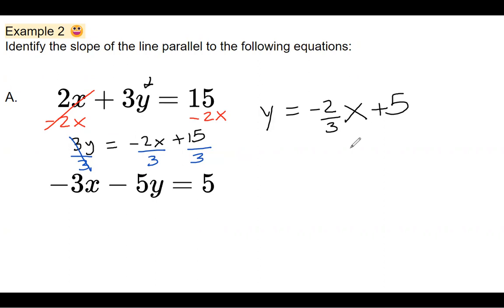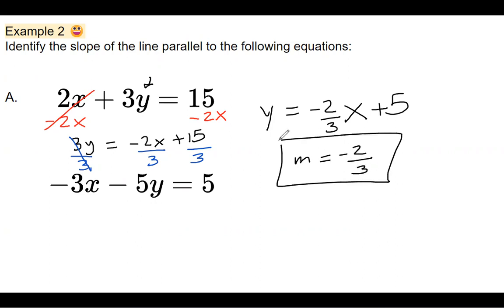So now that we have it in slope-intercept form, what is the slope parallel to that line? Go ahead and tell your neighbor. All right. Alessandra, what is the slope parallel to that? Negative 2 over 3. So we're going to identify the slope that's the same, and it's negative 2 over 3.